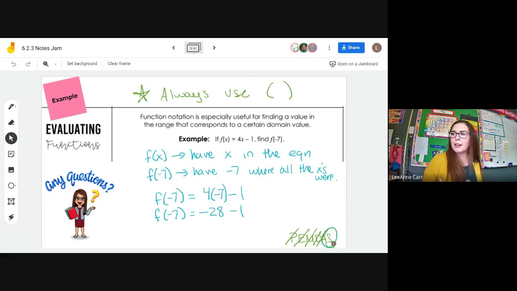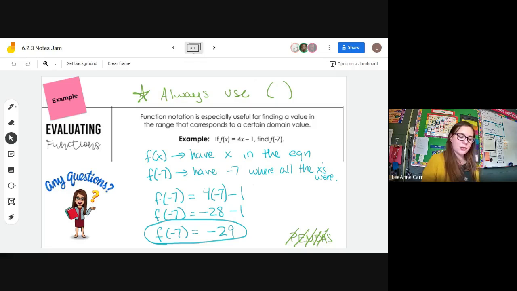I do see subtraction though, so I am going to subtract those two numbers. Negative 28 minus 1 gives me, oh, I was using a different color. f of negative 7 equals negative 28 minus 1, which is negative 29. And voila, I have my answer.